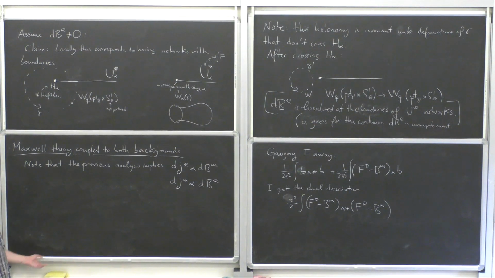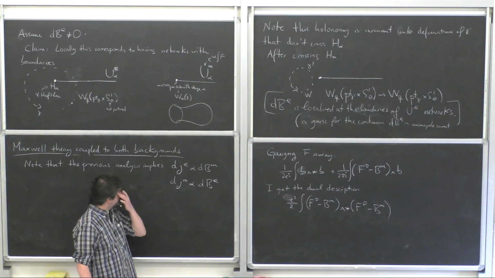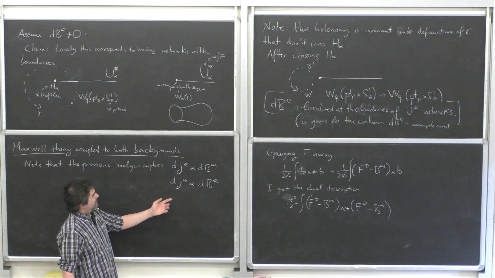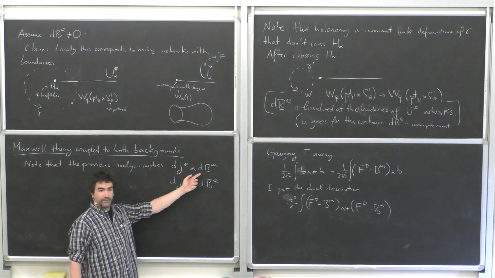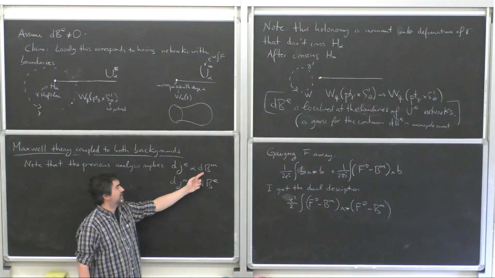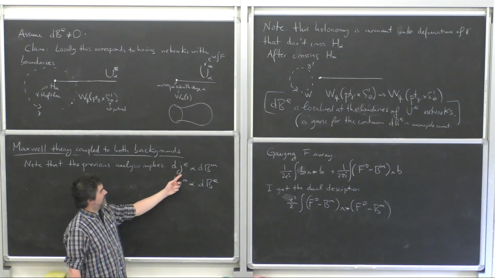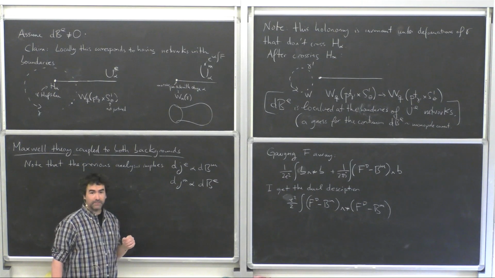The important thing is that this is precisely a situation in which I have one of these non-conservations. If I turn on the background for the magnetic U(1), then the current for the electric U(1) is not conserved.